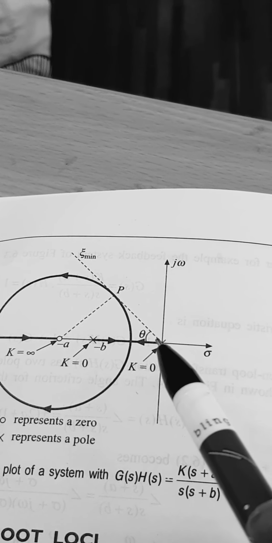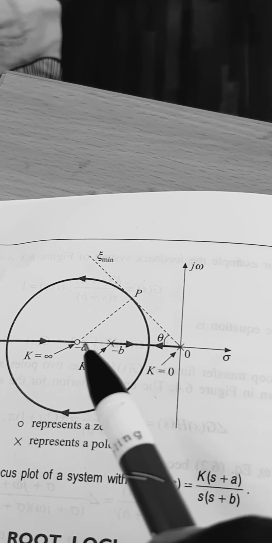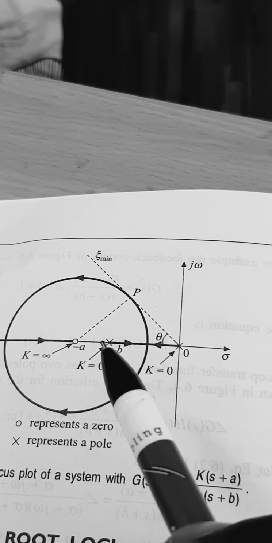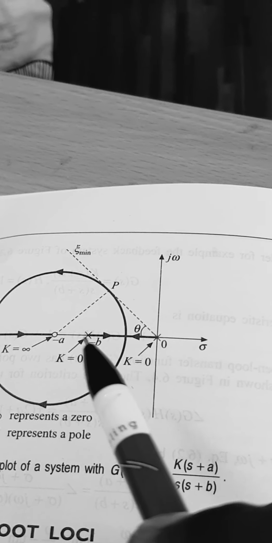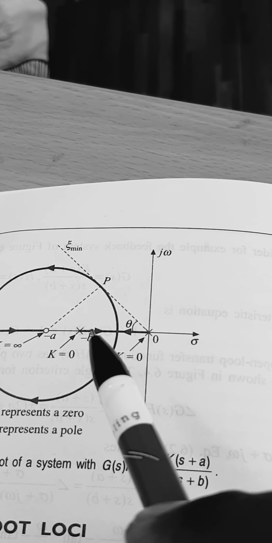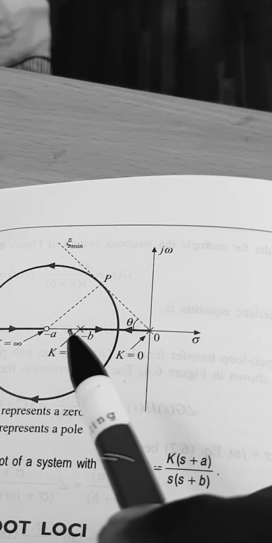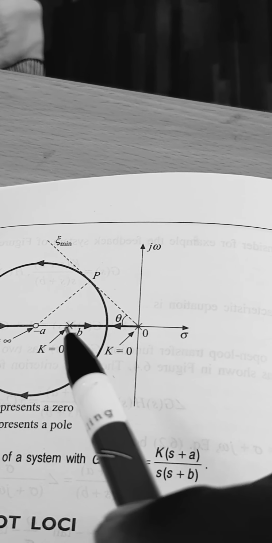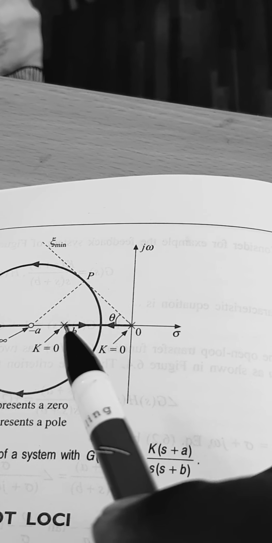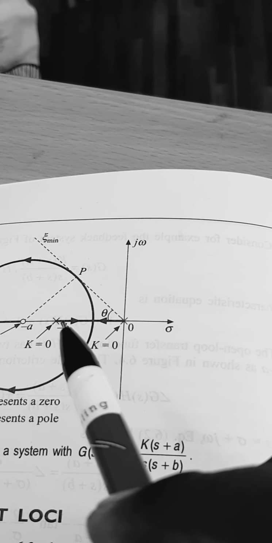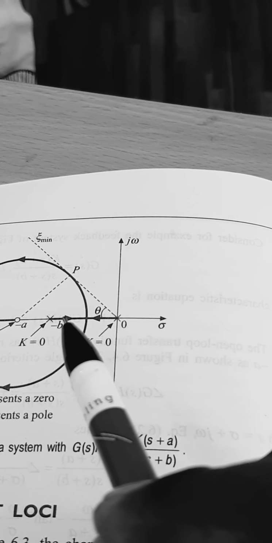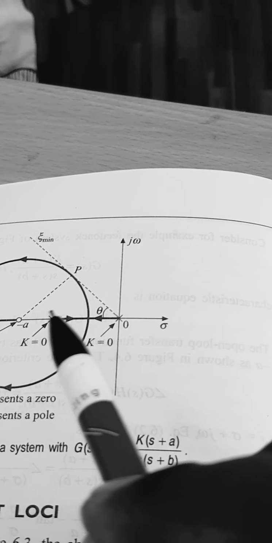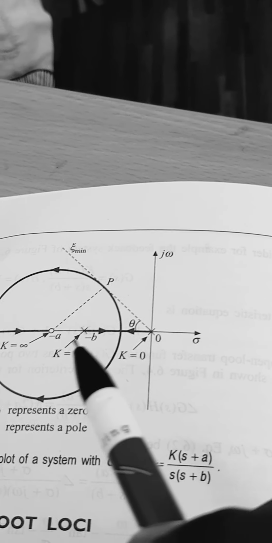When you are considering the segment between minus A and minus B, if you are counting the sum of poles and zeros, you can see that there are two. It is not an odd number, so this segment is not a part of the root locus.